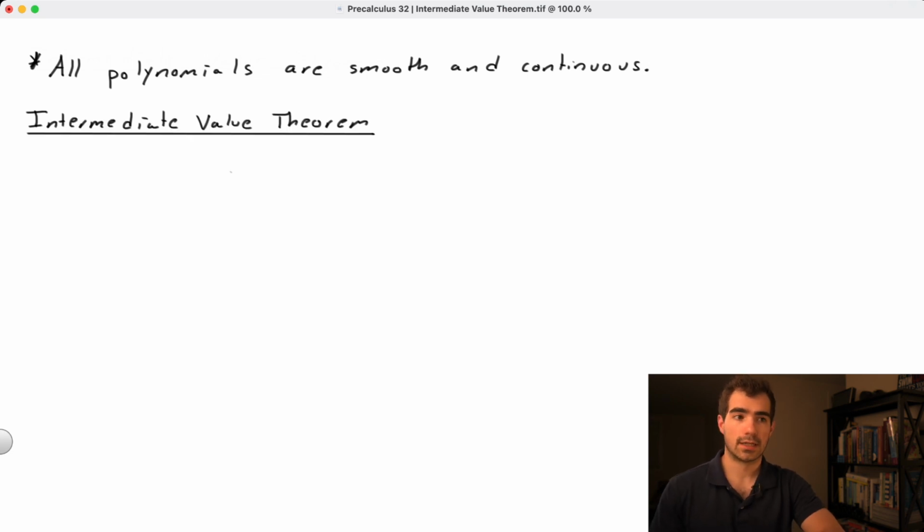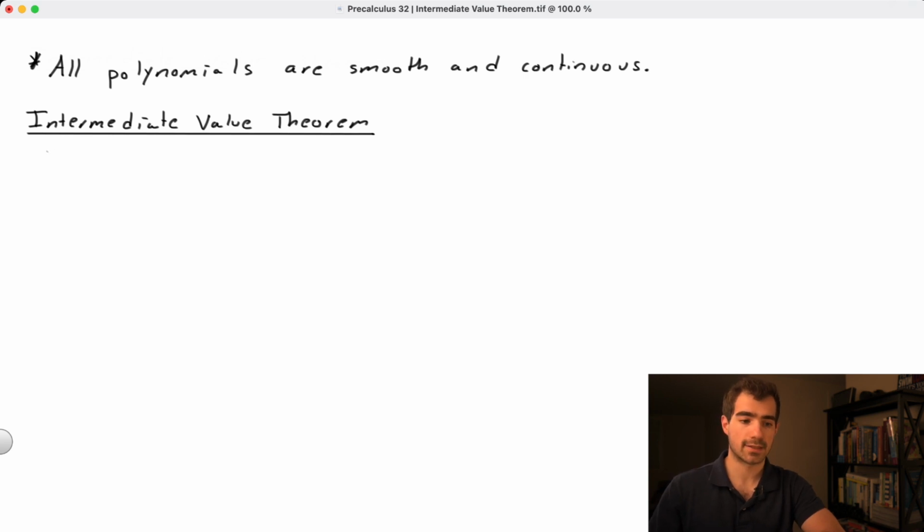In particular, these two characteristics of polynomials allow us to formally state some important information about the existence of roots for these types of functions. And this will be what's known as the Intermediate Value Theorem.